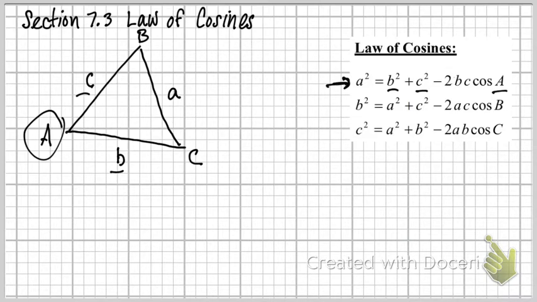Notice what I have to know: a side, an angle, and then the side next to it. So this is the idea that we're going to use for the law of cosines.